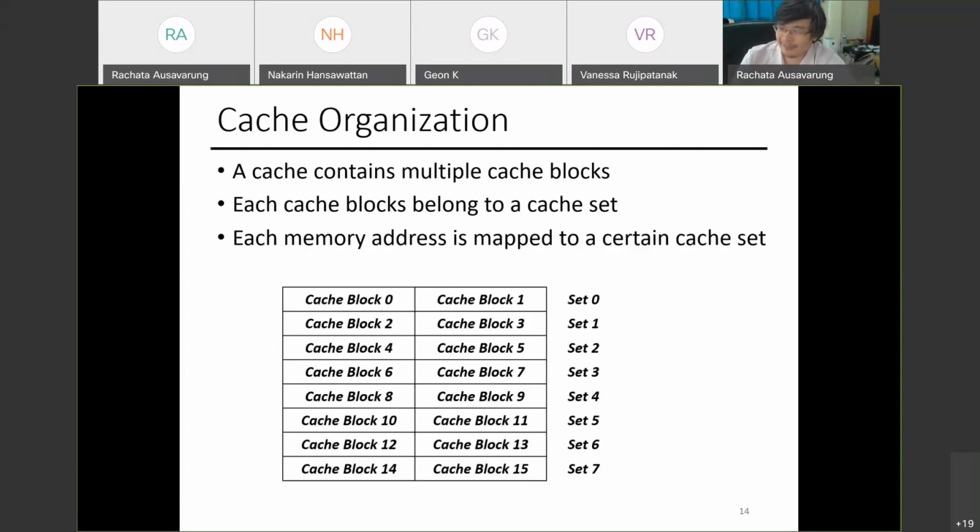So from this example, how many ways am I looking at? Is it direct map cache, 2 ways, 3 ways, 4 ways, 5 ways, 6 ways, 7 ways? Can someone tell me how many ways am I looking at for this particular cache? Yes, 2 ways, because each set contains 2 blocks. That's a 2-way set associative cache.